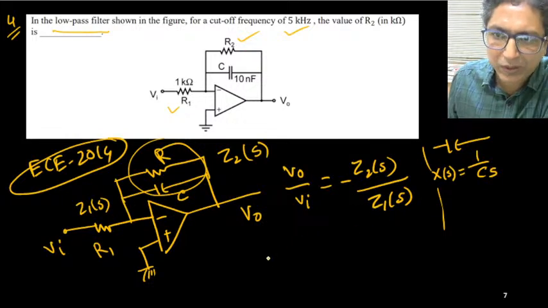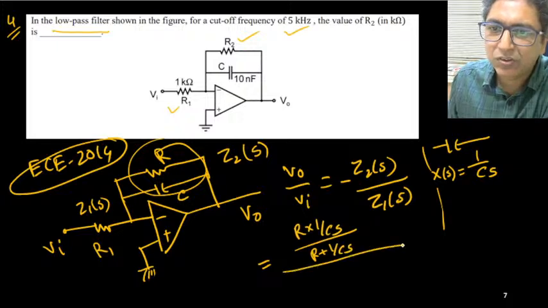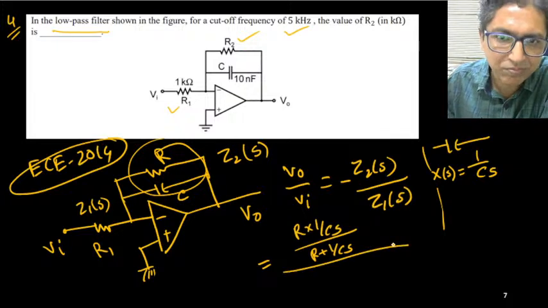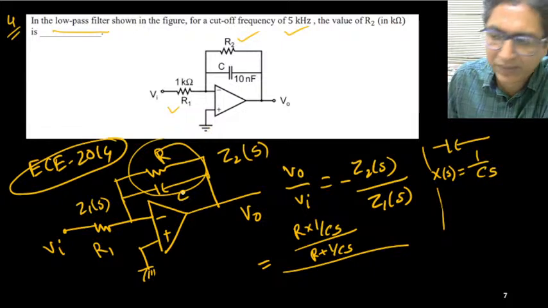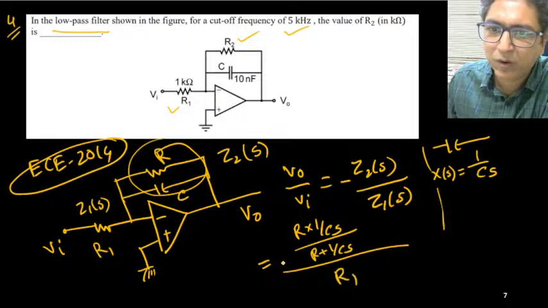So what is the Z2(s)? This is a parallel combination of R and C. So it is R times 1 upon Cs by R plus 1 upon Cs. So this is your Z2, parallel combination of R and C. And what is your Z1? That is nothing but R1. And we have one negative sign.